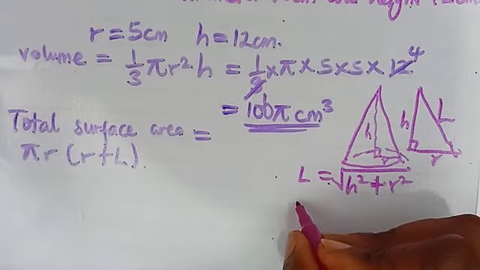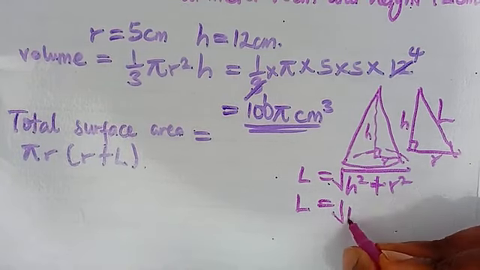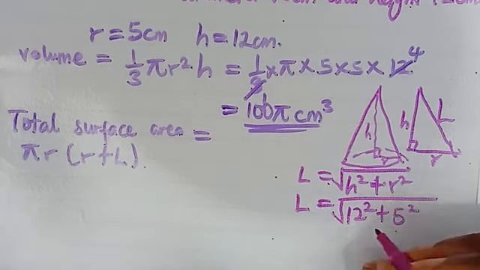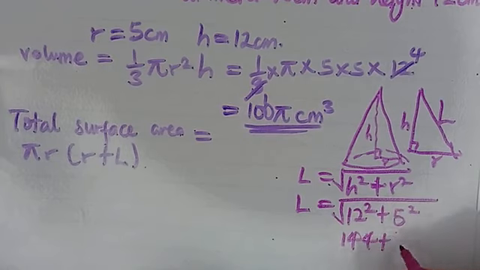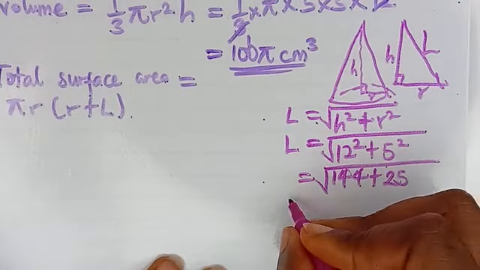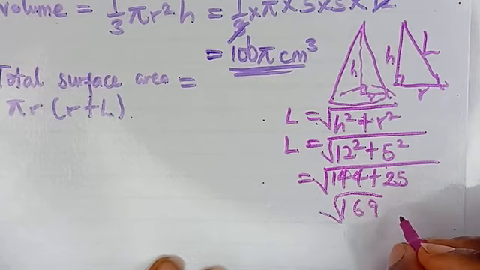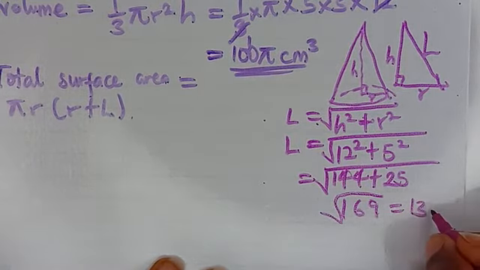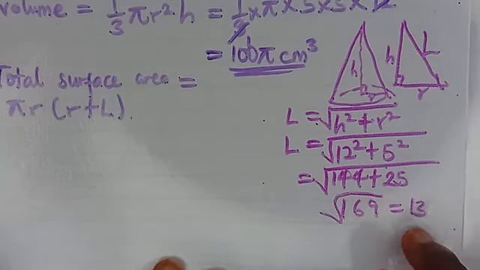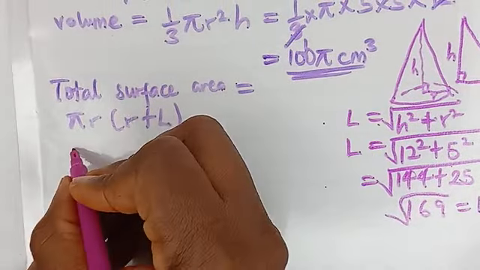We now have that the slant height is equal to the square root of 12 squared plus 5 squared. So we have 144 plus 25, and that's giving us 169. The square root of 169 is 13. So we have that the slant height is 13 cm. Then we come back to the equation. So we substitute.